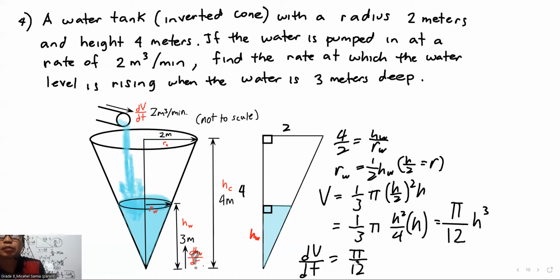So, the 3 will go away. So, we're looking for the dH/dt. I'll just continue with the next equation.